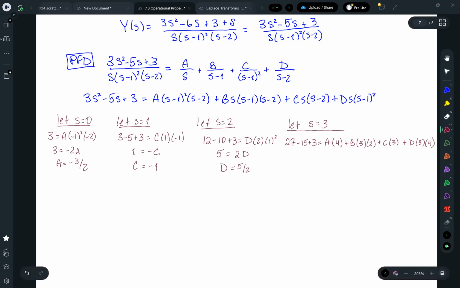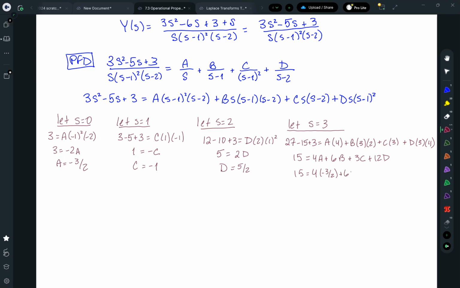Okay, let's simplify that. On the left, I have 30 minus 15, that's 15. This is equal to 4a plus 6b plus 3c plus 12d. I am trying to solve for b. So I'm going to plug in what I got for a, c, and d. 15 is 4 times negative 3 halves plus 6b plus 3 times negative 1 plus 12 times 5 halves.